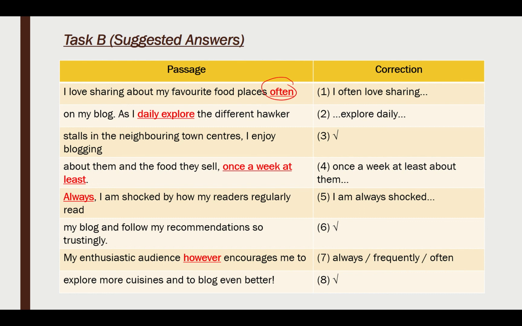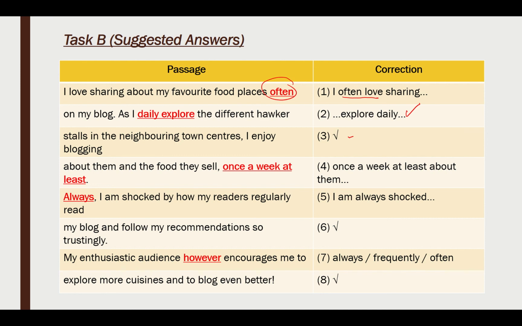The correction should be, "I often love sharing." Did you get this right? As for the second sentence, "I explore daily the different hawker," the correction is "I daily explore the different hawker." For the third sentence, there are no errors.